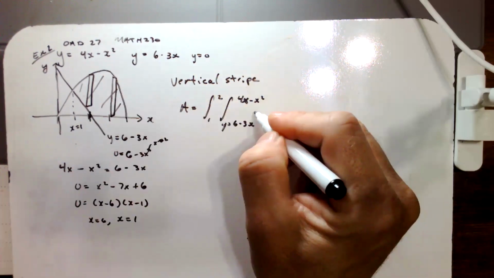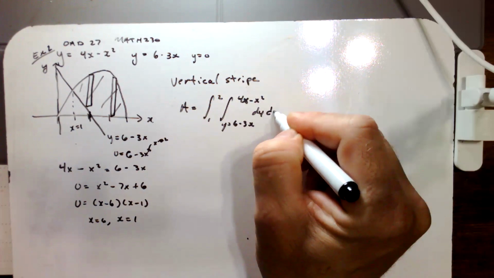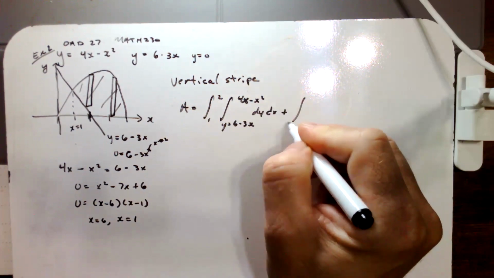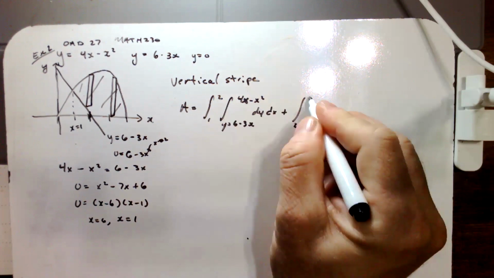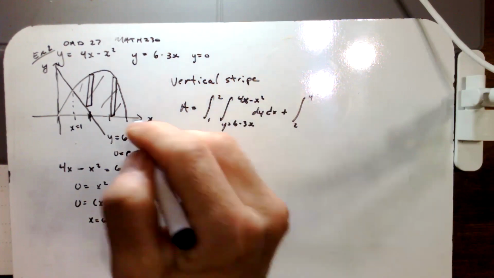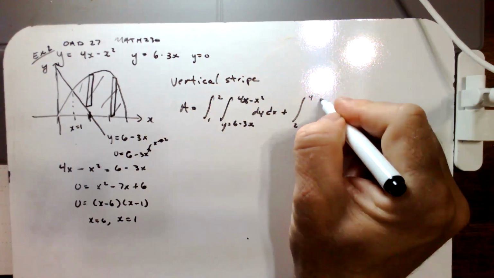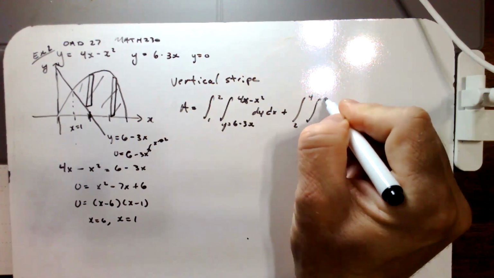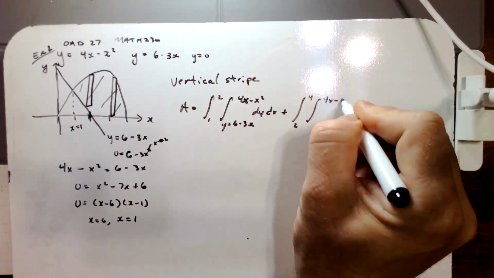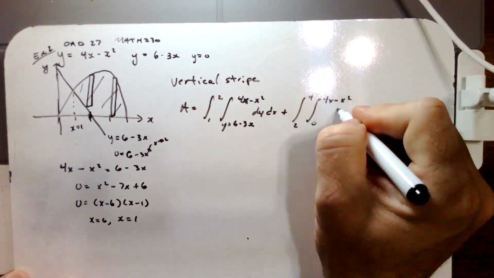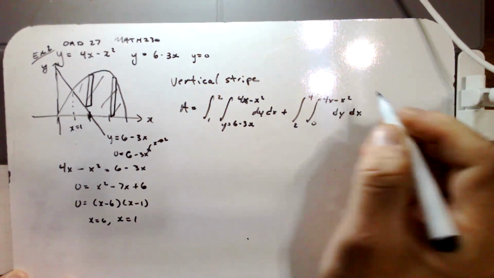And then we're going to have dy dx. And then we're going to add to that the other side, which goes from 2 to 4, the x-intercept of the function there, with the upper being just 4x minus x squared, and the lower being 0 there, dy dx.